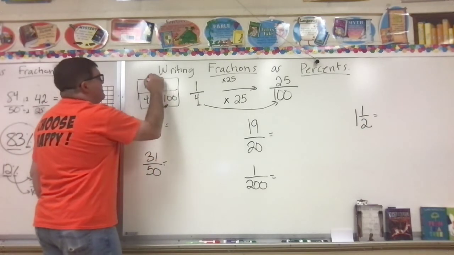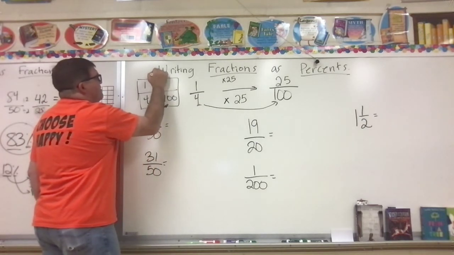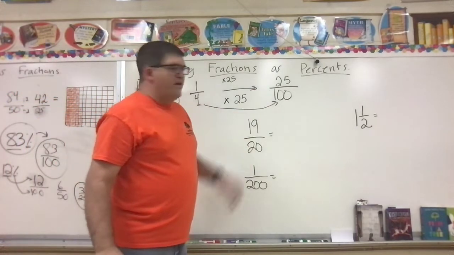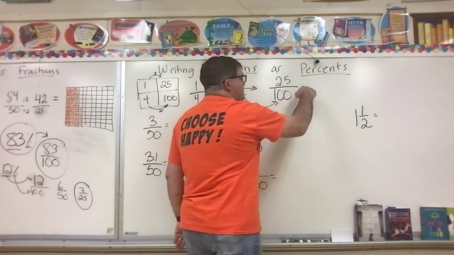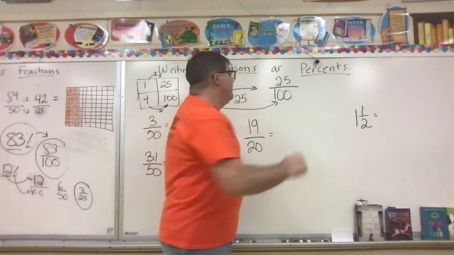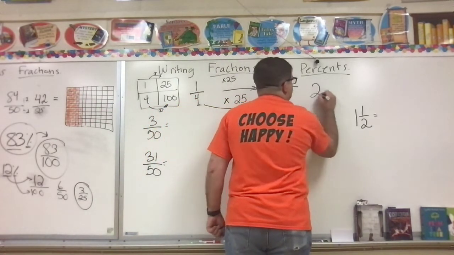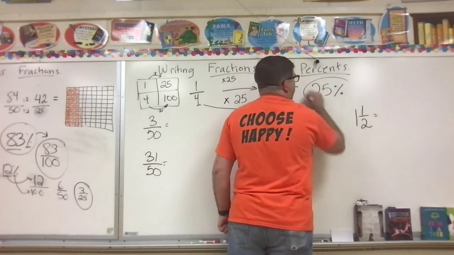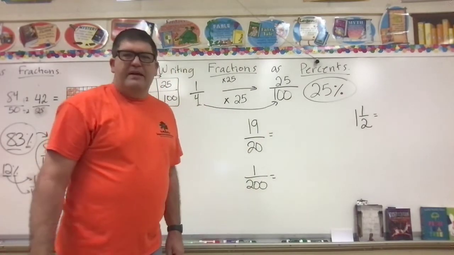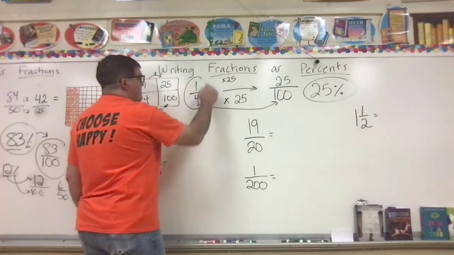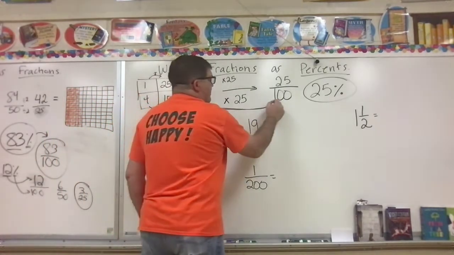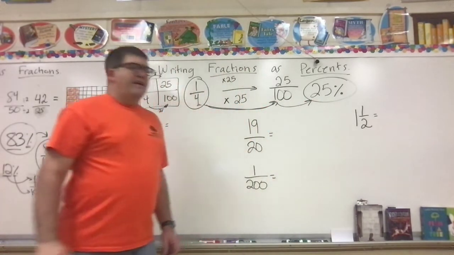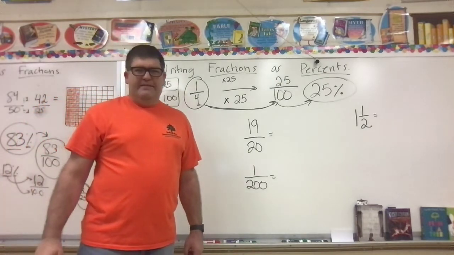Times 25. 1 times 25 equals 25. So I have 25 over 100. Now I just do the opposite of what I did over there. This 25 is my part, my 100 is my percent. So I just took 1/4, made sure it had 100 at the bottom, and then I was able to write it as a percent.